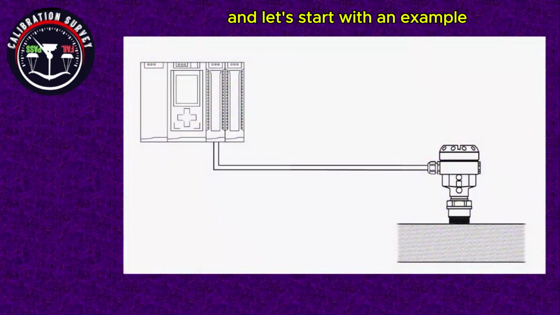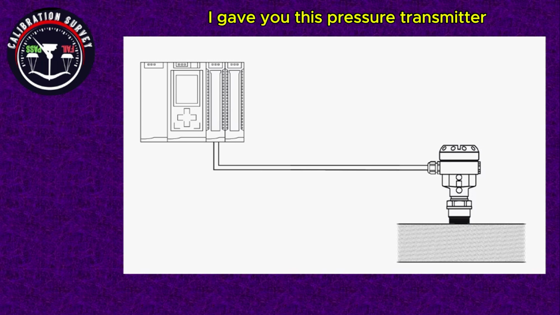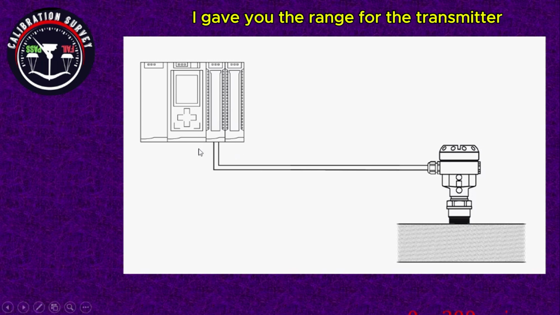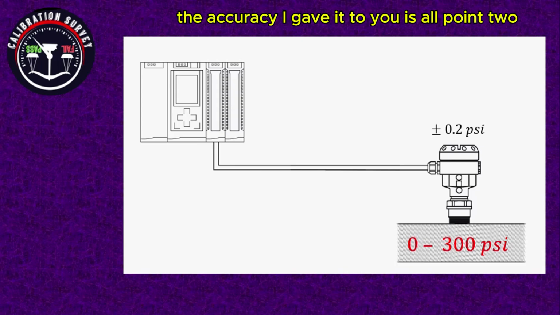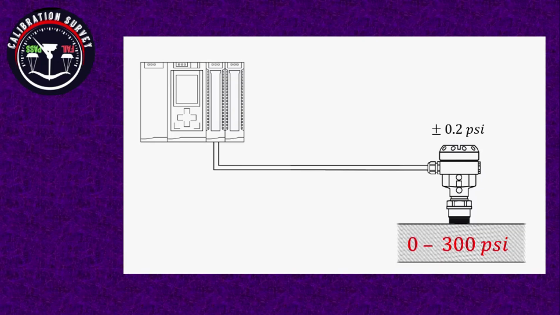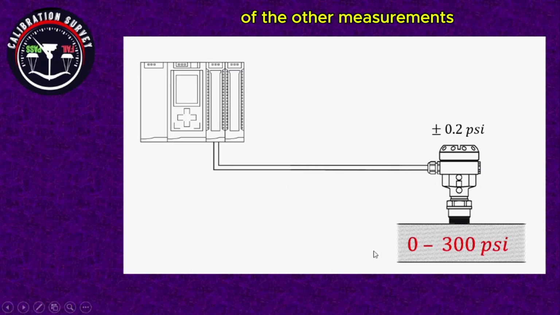Let's start with an example. You have a pressure transmitter to calibrate. I gave you the range for the transmitter, and it is from 0 to 300 psi. The accuracy I gave you is more or less 0.2 psi. And right now I need this accuracy to be in the same unit of the other measurements.